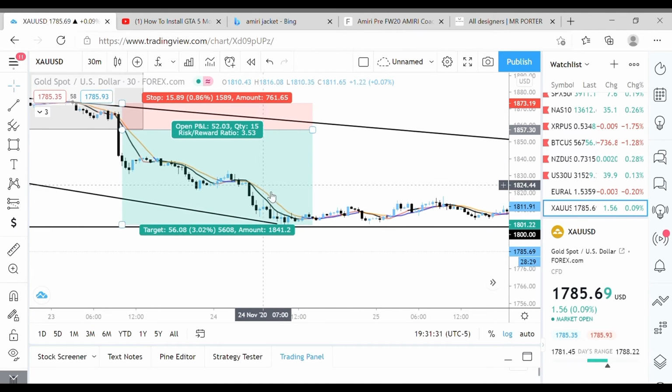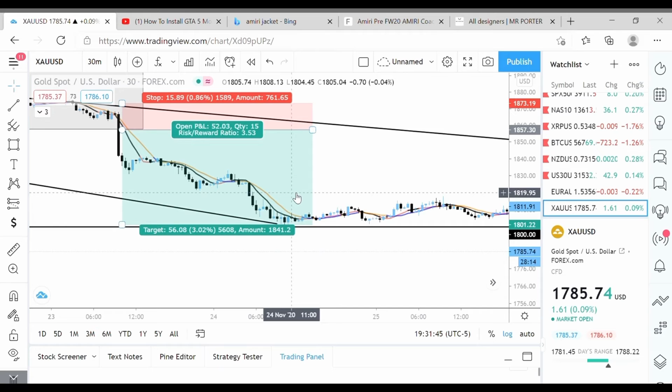Try to hold your trades too, because I like to hold my trades. I am a trader that likes to hold my trades. I like to swing trade, I like to day trade, and I like to intraday. I don't really like scalping too much. I tried scalping for the last week, and I ain't getting no sleep. That's me really trying to catch some moves, catch some pips to build that account up.